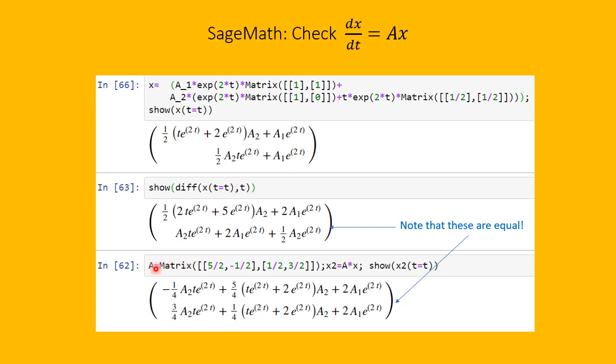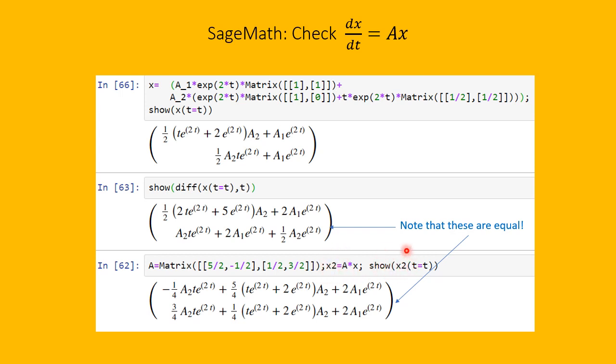So let's let A be the matrix whose first row is 5/2, minus 1/2. The second row is 1/2, 3/2. And then we'll calculate A times x, which is what we have here, and I'm going to store it in x2.